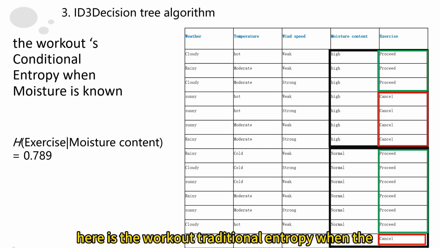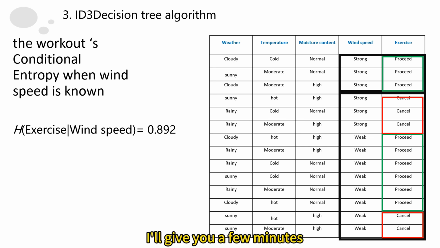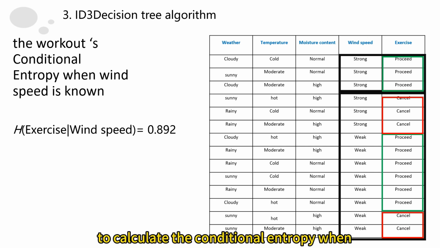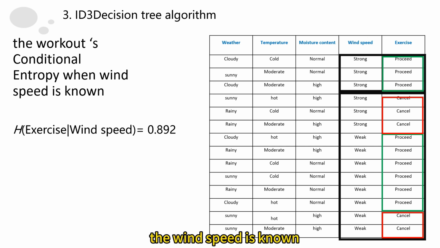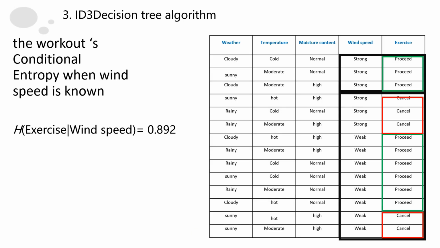And here is the workout conditional entropy when the moisture is known. You can pause here and calculate on your own to check if the value is 0.789. And here, I will give you a few minutes to calculate the conditional entropy when the wind speed is known. You can pause and check whether your value is right.